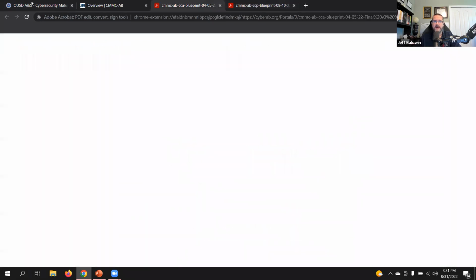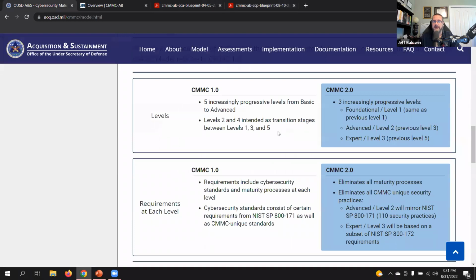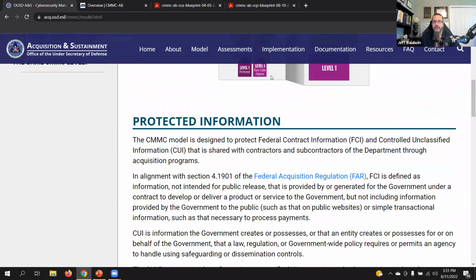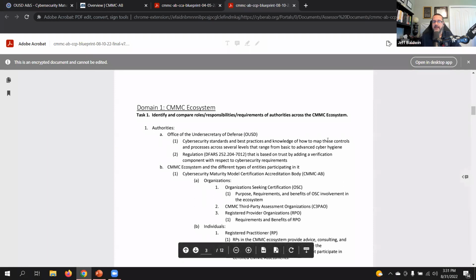Basically, as you move through the levels, it's like a pyramid. Everything is cumulative. When you go up to level 2, you're still doing level 1. When you go up to level 3, you're still doing level 2 and level 1. So it accumulates as you go up. That's the concept to understand.